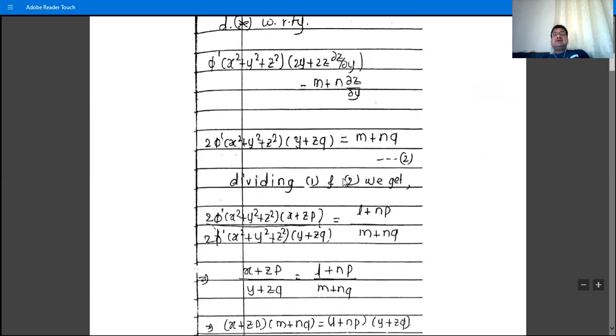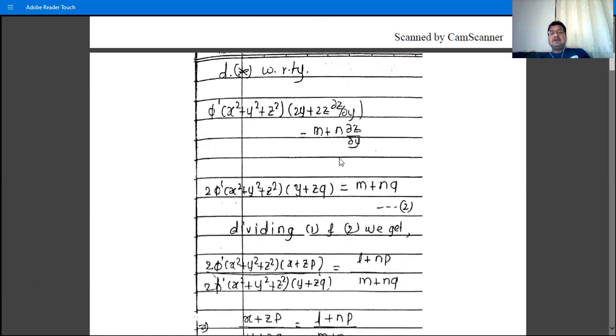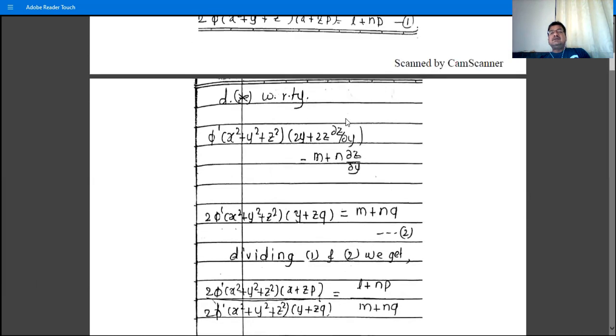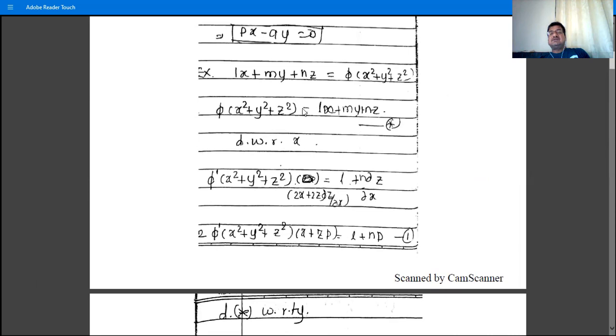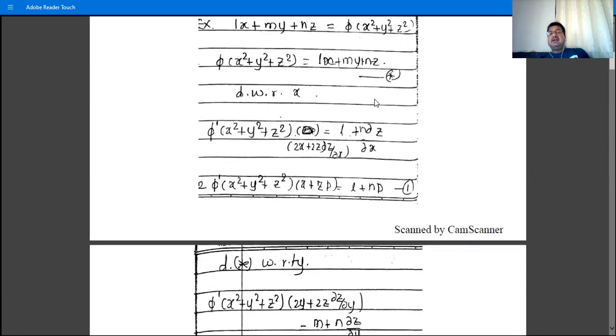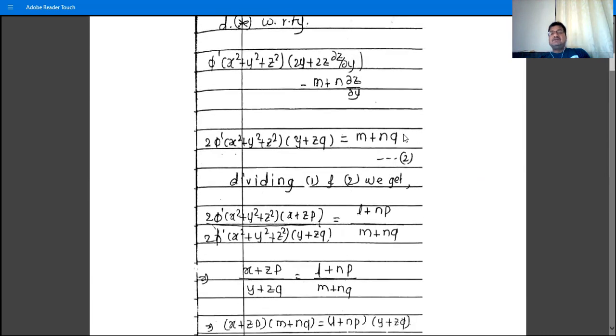The derivative of x with respect to y is 0, and the derivative of the terms of y with respect to x is 0. This is equal to the derivative of lx, which is 0, my, which gives m, and nz, which gives n dz/dy, that is q. Then substitute dz/dy as q.